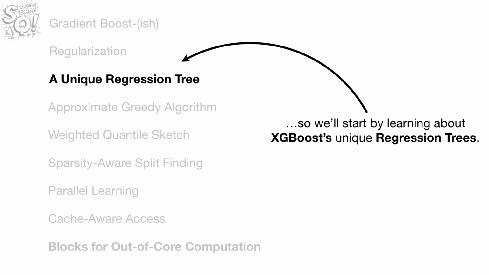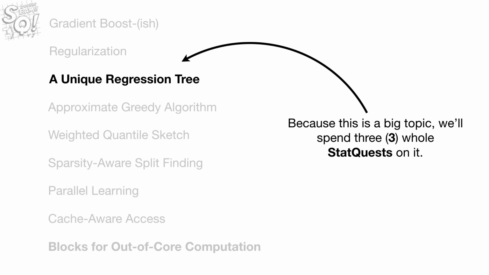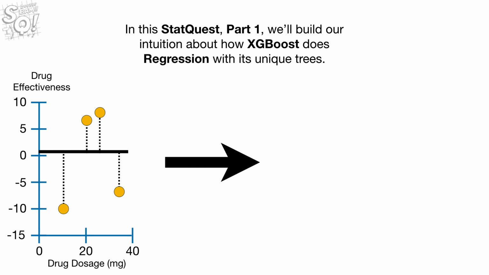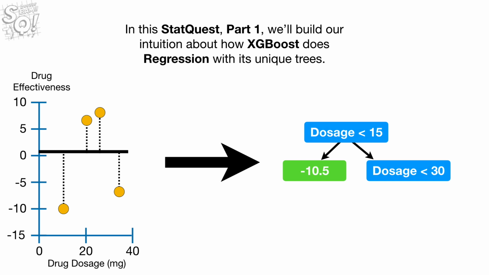So we'll start by learning about XGBoost's unique regression trees. Because this is a big topic, we'll spend 3 whole StatQuests on it. In this StatQuest, Part 1, we'll build our intuition about how XGBoost does regression with its unique trees.